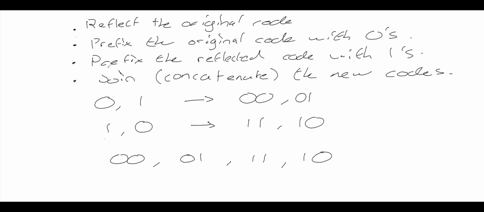So if I wanted to generate a 3-bit grey code, I would apply the same method again to my 2-bit grey code. And if I wanted to generate a 4-bit grey code, I would apply the same method to my 2-bit grey code to get a 3-bit grey code, and I would apply the same method again to my 3-bit grey code to get a 4-bit grey code.